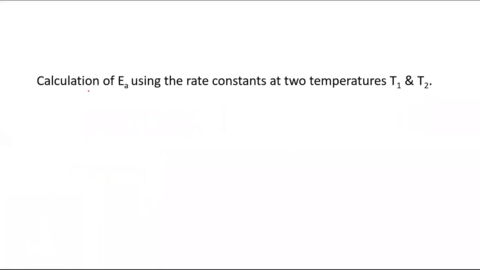Okay, so the Arrhenius equation can be written as ln K is equal to ln A minus EA by RT. This is called the Arrhenius equation. Actually, K is proportional to e to the power of minus EA by RT. When we remove this proportionality symbol, we'll get K is equal to A, that is the Arrhenius constant, e to the power of minus EA by RT. So when we apply ln on both sides, we'll get the equation like this.